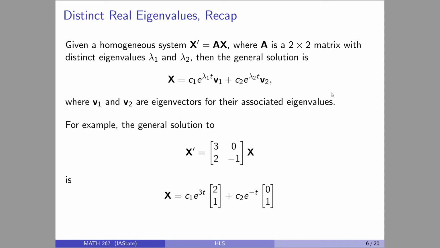So in particular, if you have a 3x3 matrix and you have 3 distinct eigenvalues, then you'll get 3 solutions just by finding the associated vectors. And it works for 4x4 and 5x5 and so on and so forth. So in the distinct case, it is beautiful, it works great, it's wonderful, it's perfect.